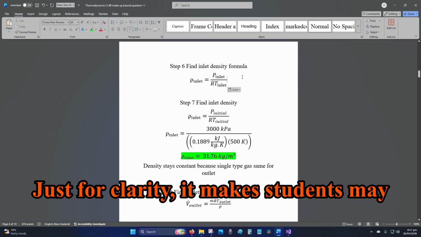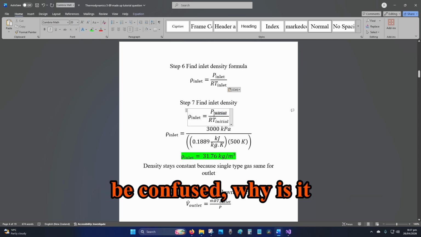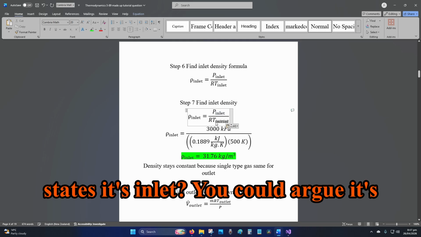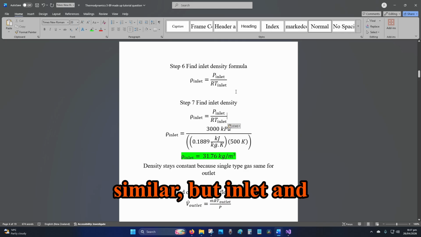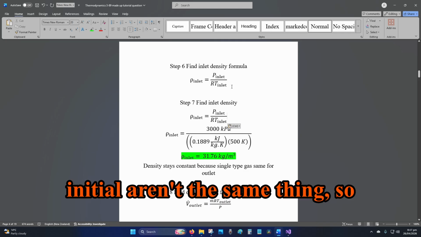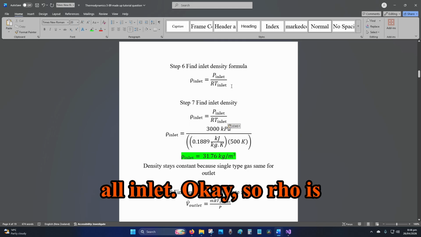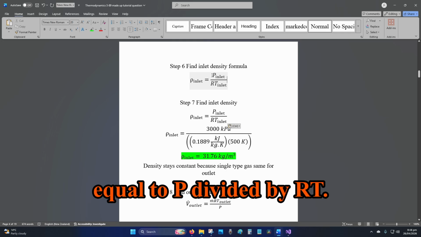Just for clarity, students may be confused. Why is it initial when it clearly states it's inlet? You could argue it's similar, but inlet and initial aren't the same thing, so for consistency, I'll make sure they're all inlet. Okay, so rho is equal to P divided by RT.